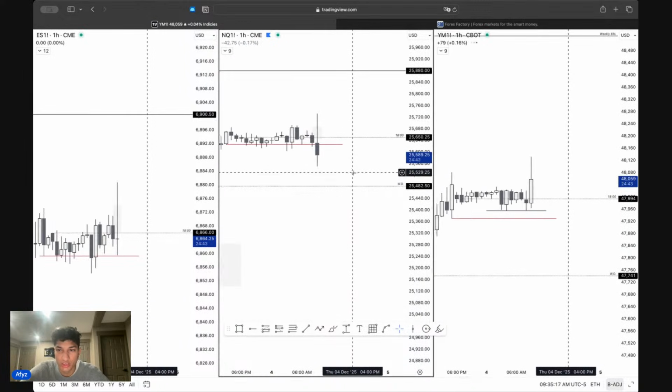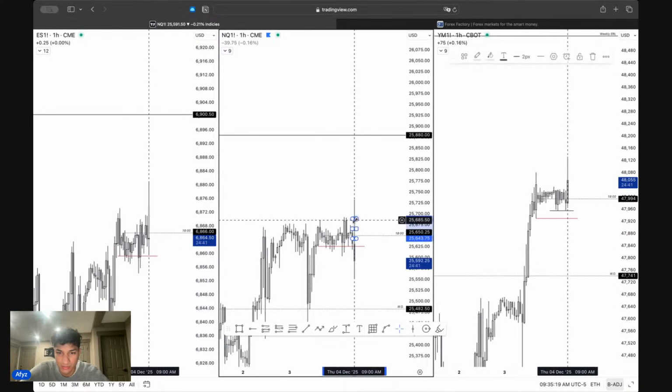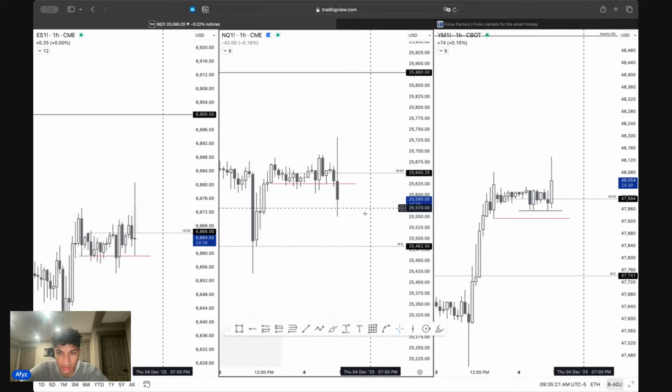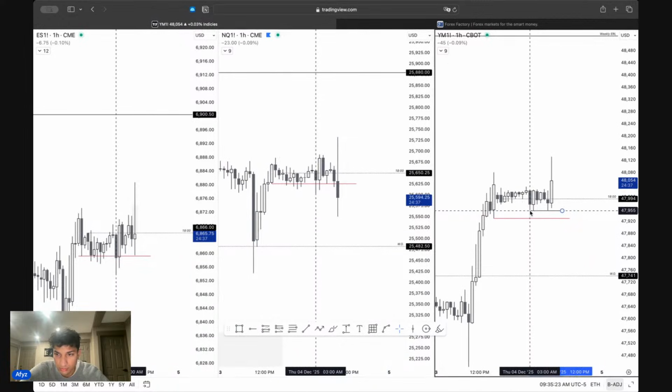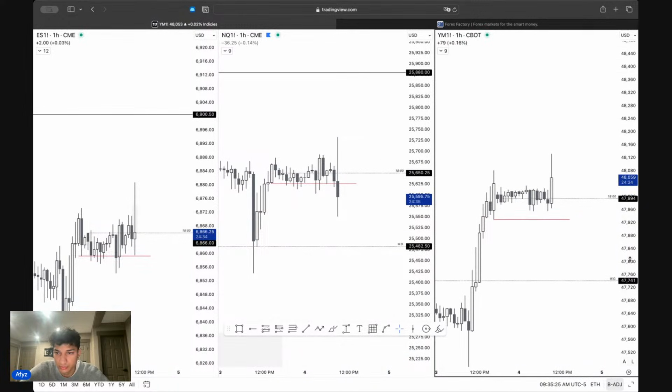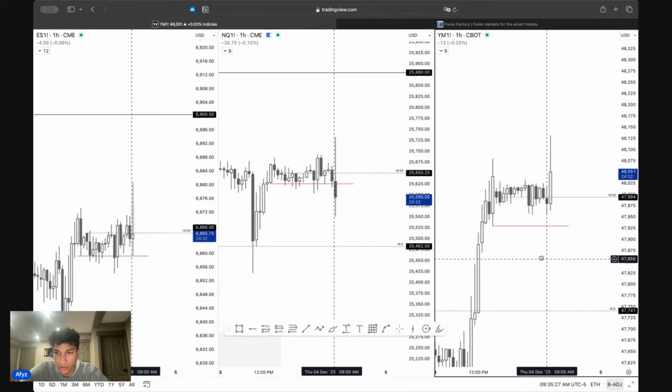So I want to see if a wick starts to form here on the NASDAQ, which indicates a reversal potentially, right? Which is also that two stage, right? You can see if a wick starts to form here, it's nice.